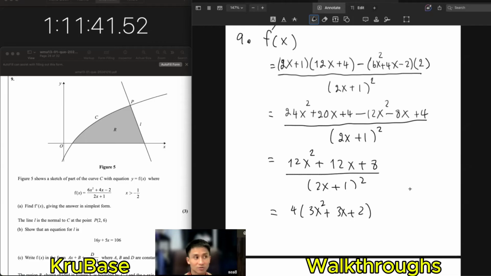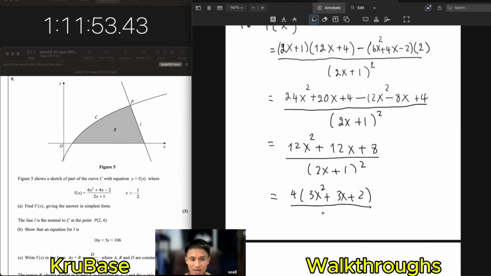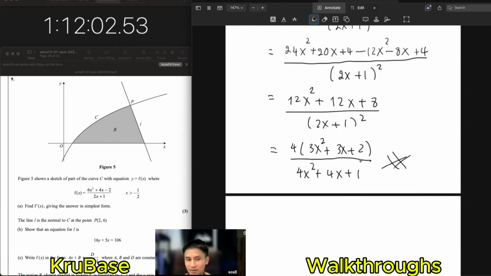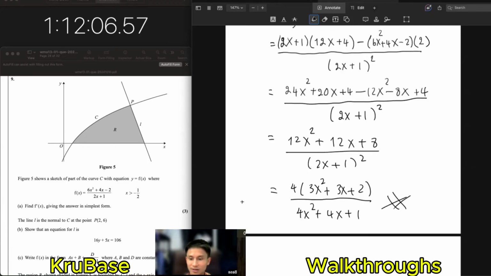Can you factorize that? No, I don't think so. So that tells me maybe we should expand because the top part is expanded. So I'm going to do like 4x squared plus 4x plus 1, expand it all out. So that's my final answer there. Yeah, simplest form, that's fine.